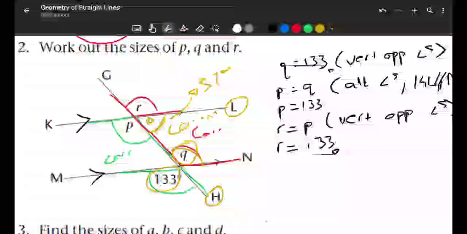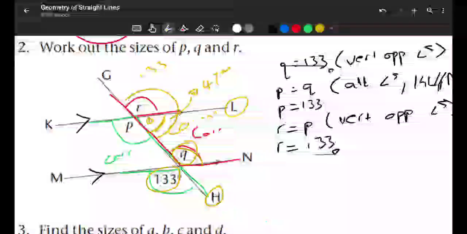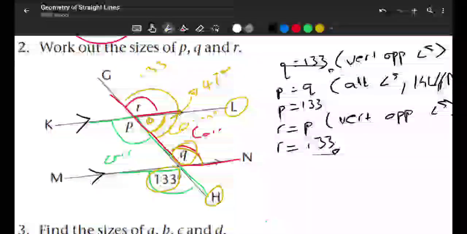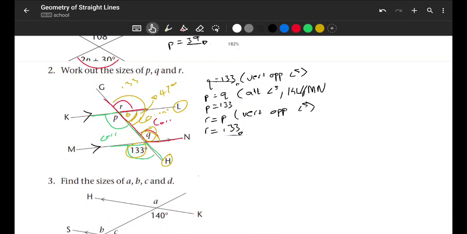And then once you have this co-interior angle, you can just say angles on a straight line, and you'd come back and say that this is 133 degrees. That is your answer. Different roads to the same path.